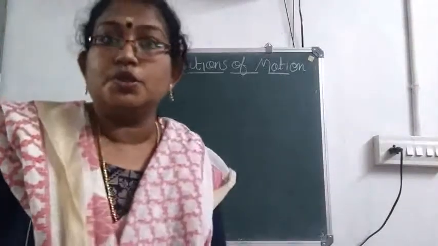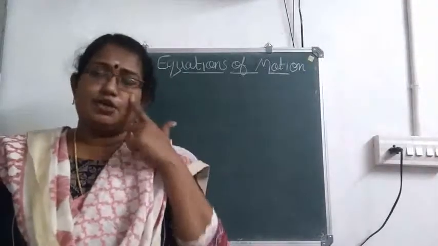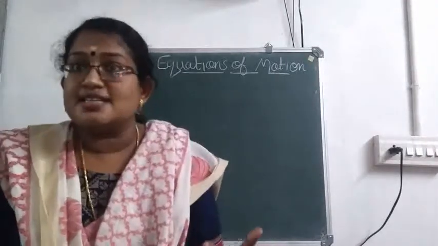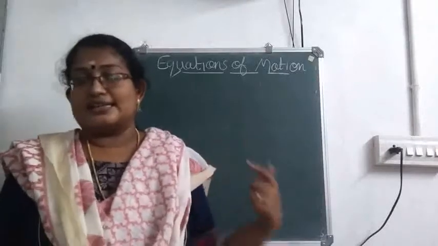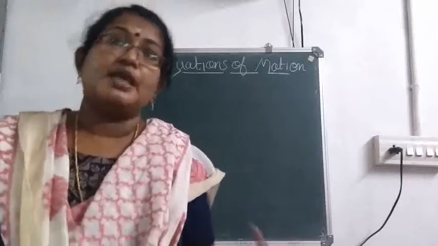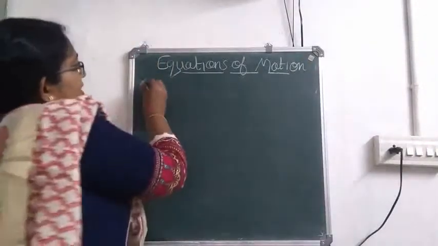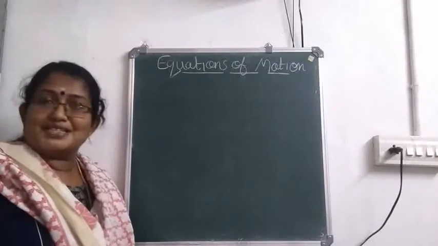Now, we will move to our second equation of motion. Which is our second equation of motion? s is equal to ut plus half at square. That is, here we are discussing about distance or displacement. Okay. Now, we already know the equation to calculate displacement, isn't it?